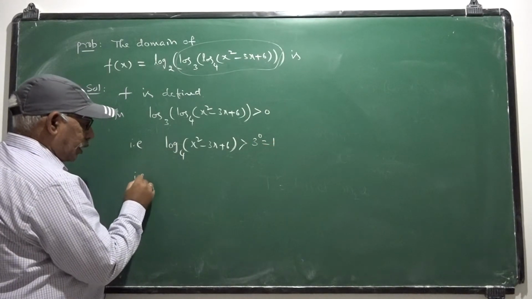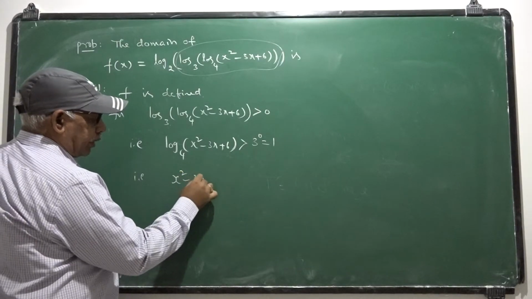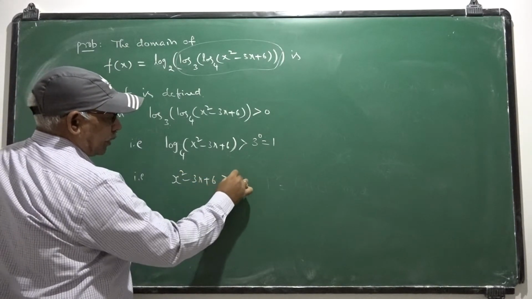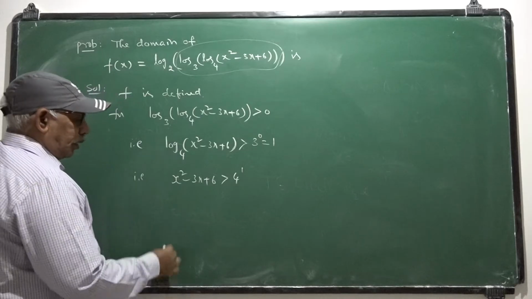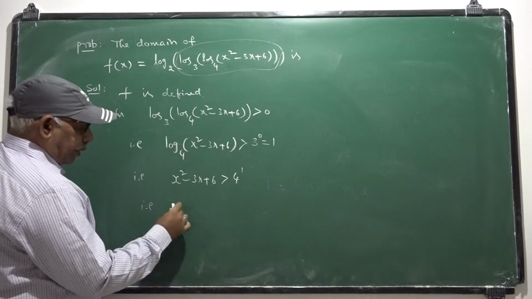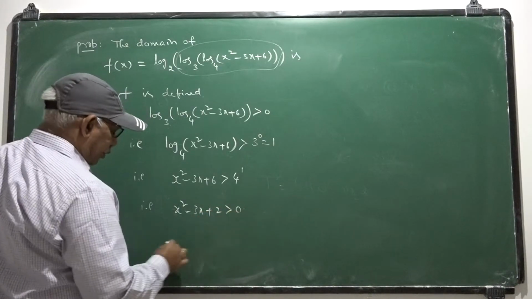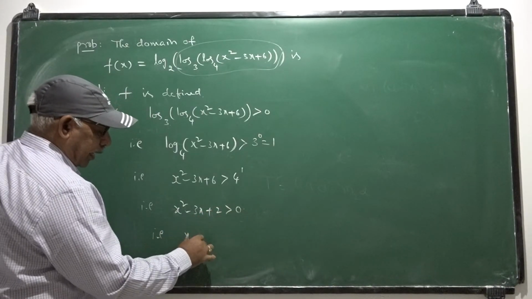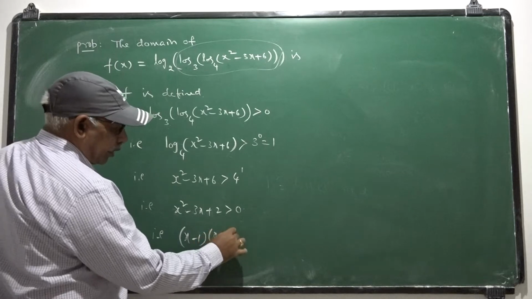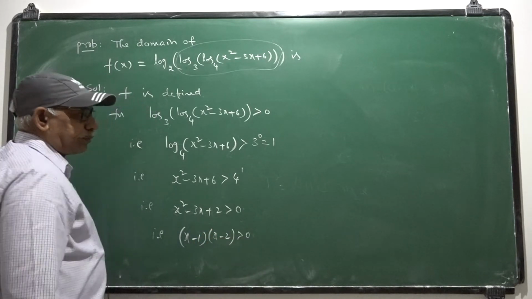Again, removing this logarithm, we get x square minus 3x plus 6 is greater than 4 power 1. That gives us x square minus 3x plus 2 is greater than 0, which may be factorized as (x minus 1)(x minus 2) greater than 0.